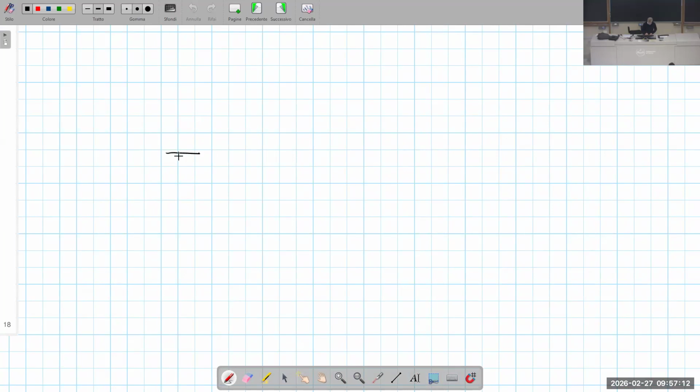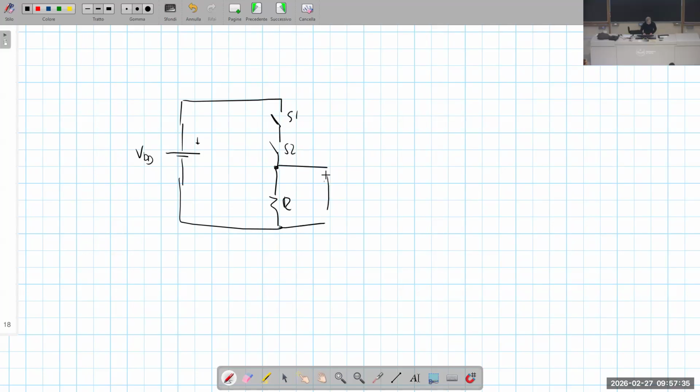In all circuits, we have the battery voltage and the network connected to the battery voltage. Let's consider this circuit here, in which we have two switches, S1, S2, and a resistor, and in which the output is this node.